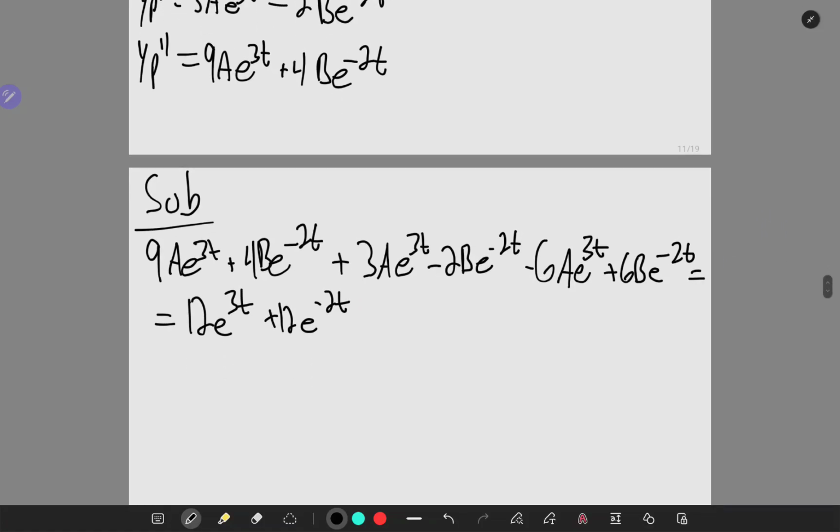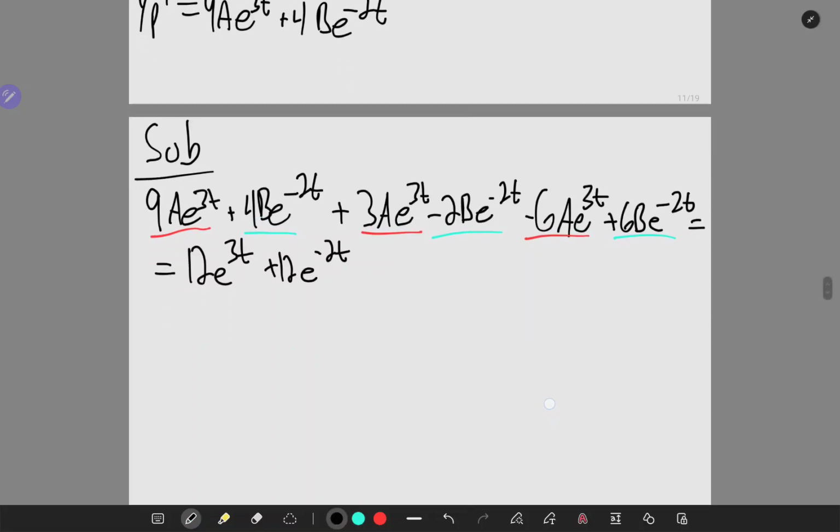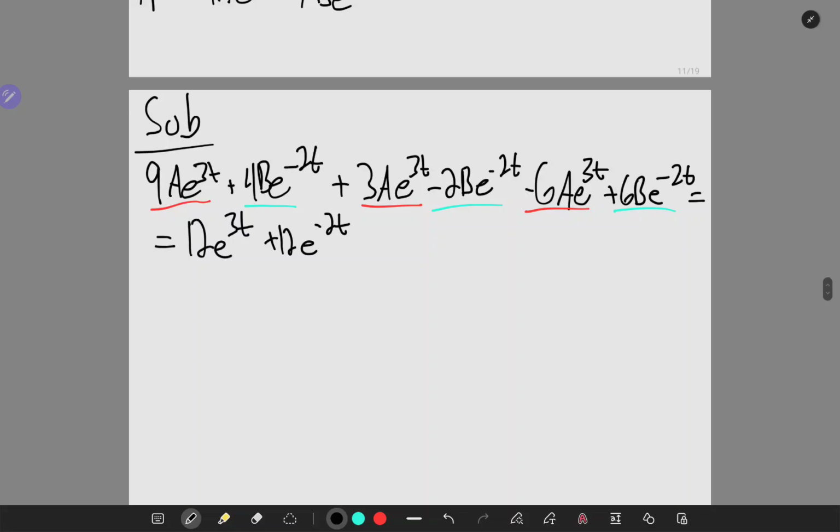Okay, now we've substituted everything in. Do we have any like terms? Well, let's see. This one, this one, this one, and that's it. So now we're going to simplify, and we also have this one and this one. So let's simplify. 9 plus 3 is 12, minus 6 is 6.